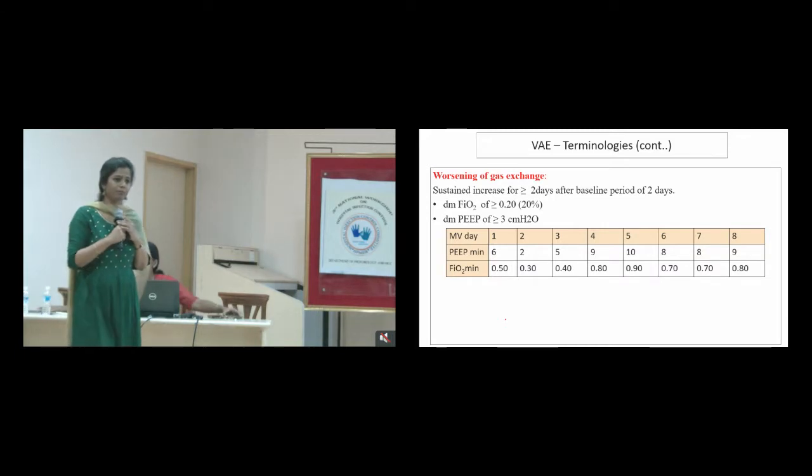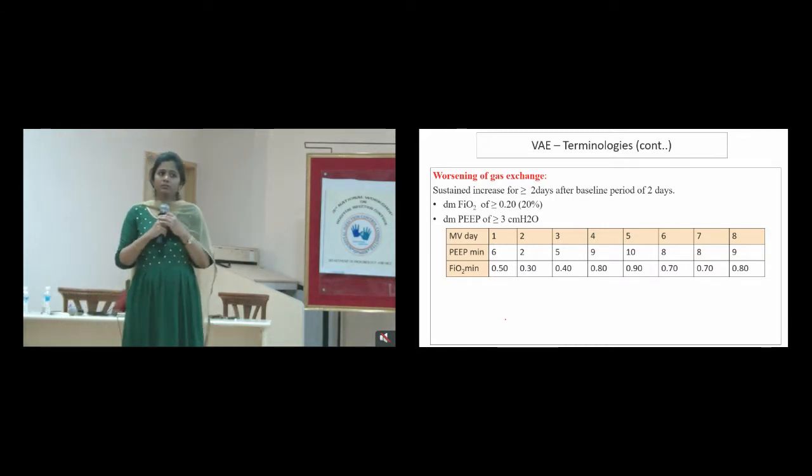The baseline means both days' values have to be either the same or the second day's value is less than the first day. So 6 and 2 is fine. After that you should have a jump of 3 or more. You have a jump of 3 or more here.